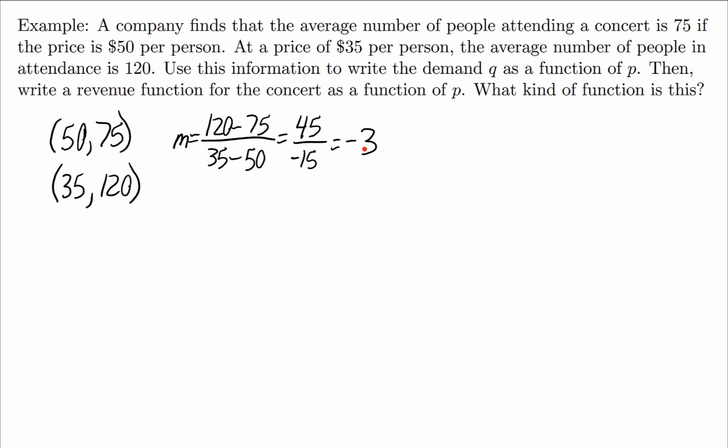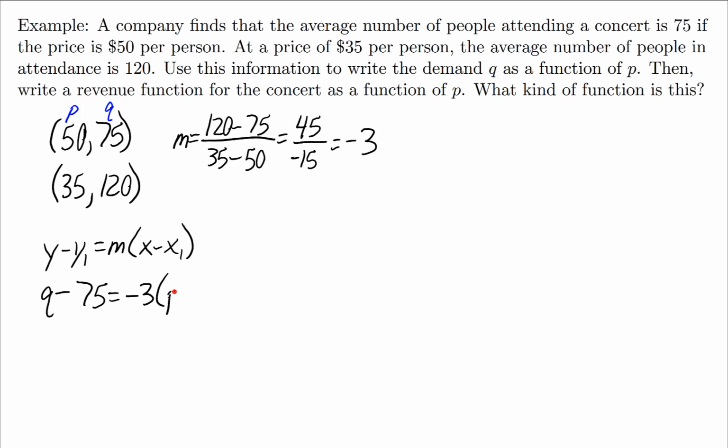Now let's use our point slope formula to write the equation. Now remember, P is like X and Q is like Y, so I'm going to translate my formula. It would normally be Y minus Y1 is equal to M times X minus X1. But I'm using P's and Q's, so this is going to be Q minus, I'll use the first point, 75 equals my slope of negative 3.